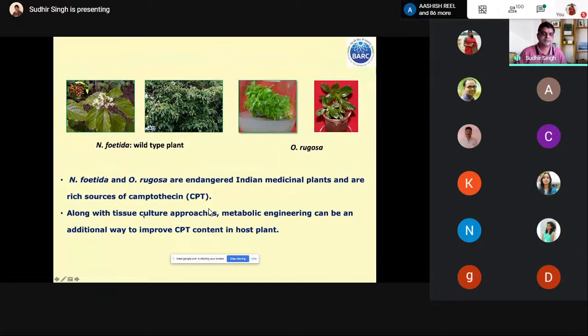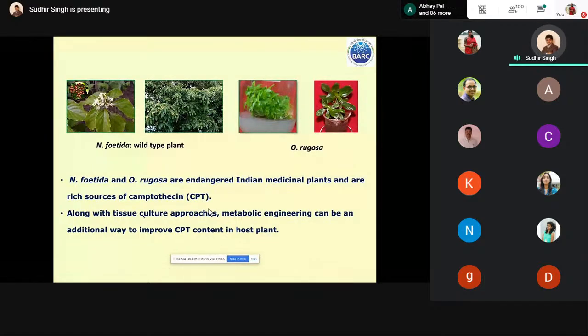So what we do is, along with the tissue culture approach, because I indicated we want to decrease the dependency of these sources on the natural one, so that we can provide an alternate. That's where tissue culture can come, which produces clonal progeny of similar plants in a very limited time. Then metabolic engineering. We started almost 3-4 years back.